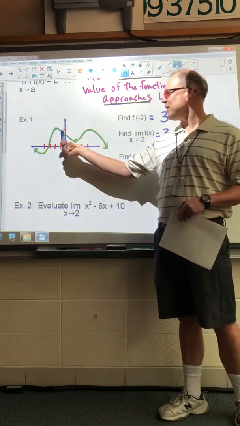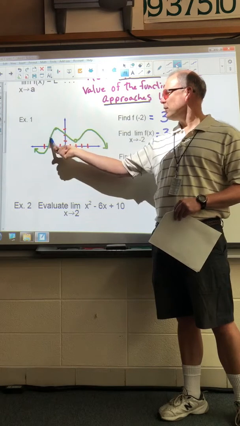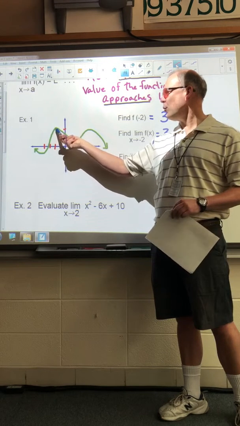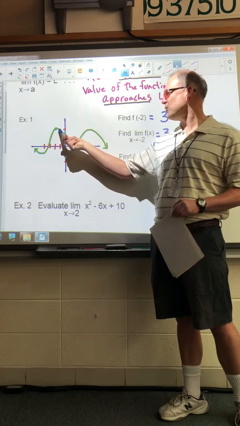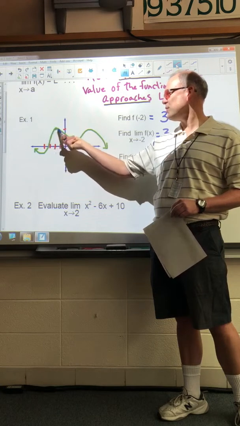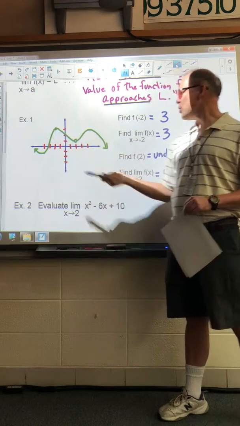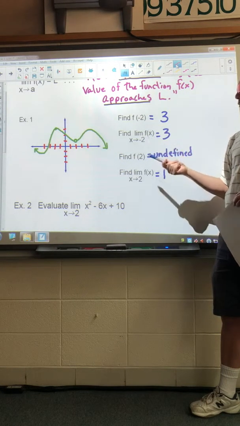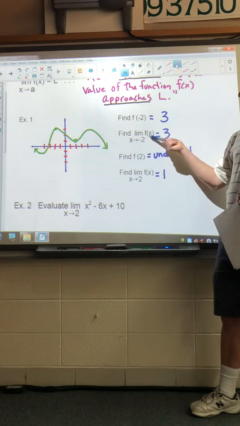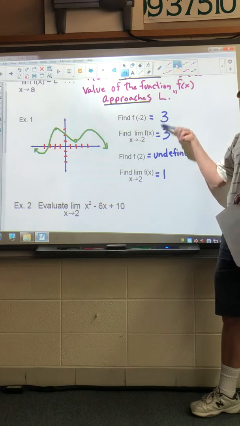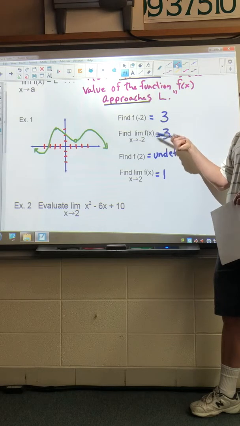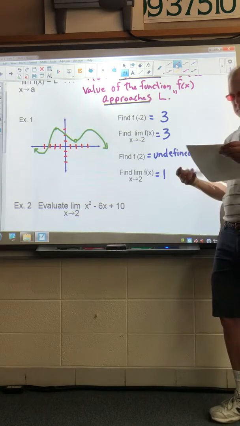At -2, the function is continuous. There are no holes, no asymptotes, no jumps or anything. If a function is continuous at a given x value, then the limit is going to be the same as the value of the function. At -2, it was continuous, so these are the same.